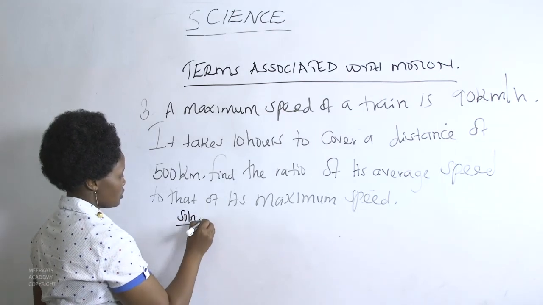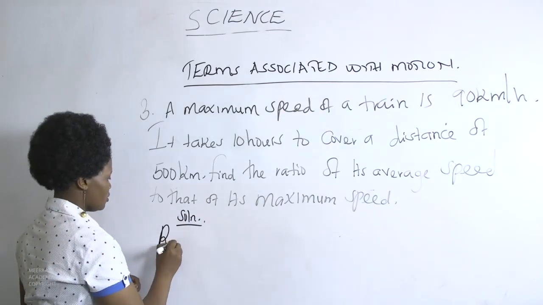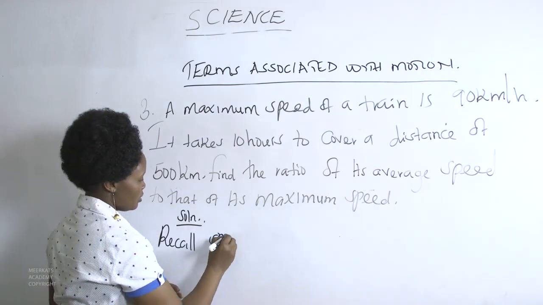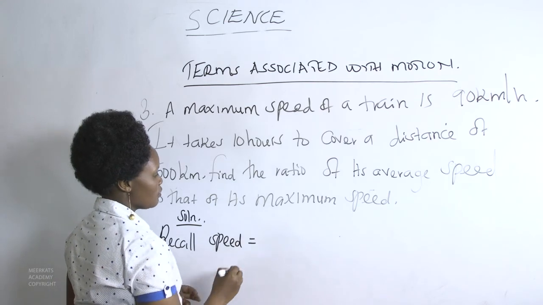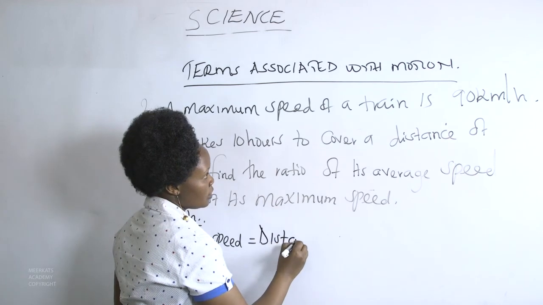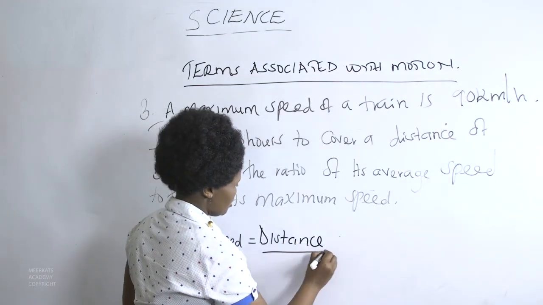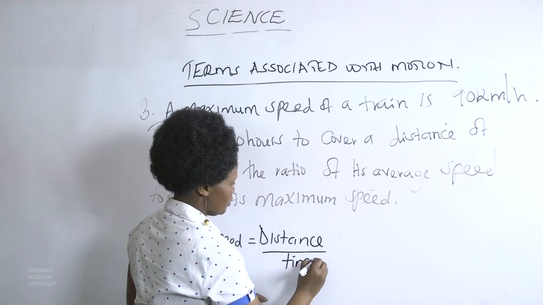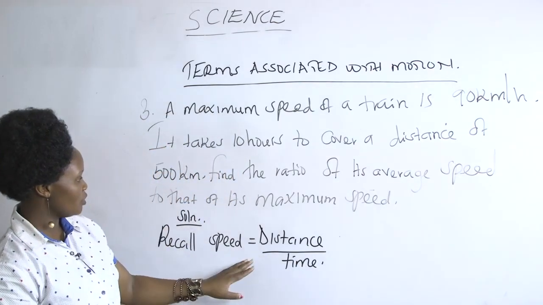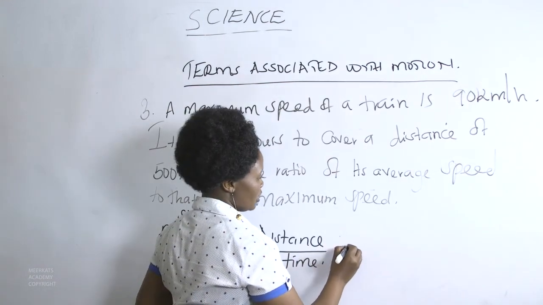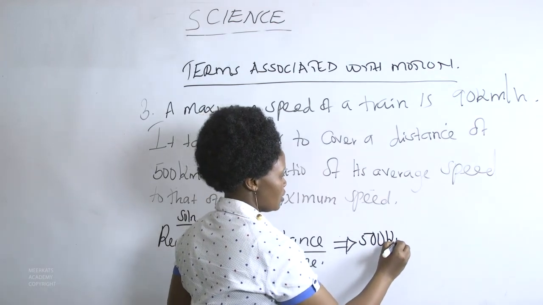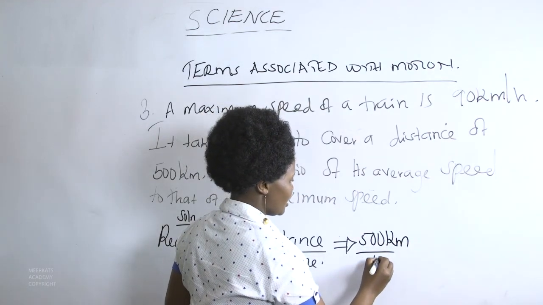To solve this, we recall that speed is given by distance over time, and in this case we have been told that it covered a distance of 500 kilometers in 10 hours.